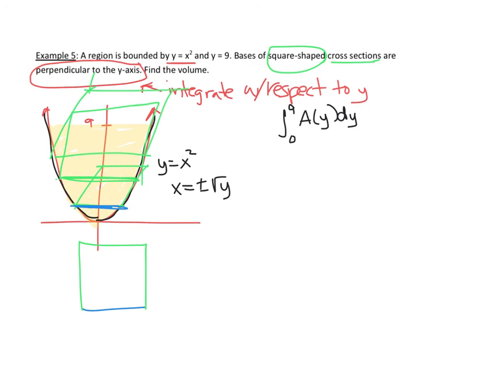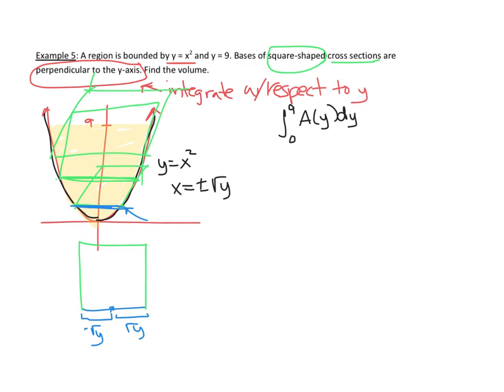And so with this blue part, you're going to have to figure out the distance between the two halves of the blue part. For the first part, like this part over here, the distance is going to be the square root of y. For the second part, the distance is going to be the negative square root of y. Be careful. If you add those and get 0, you're not going to get the right answer.